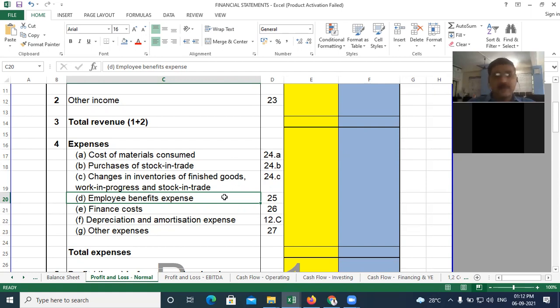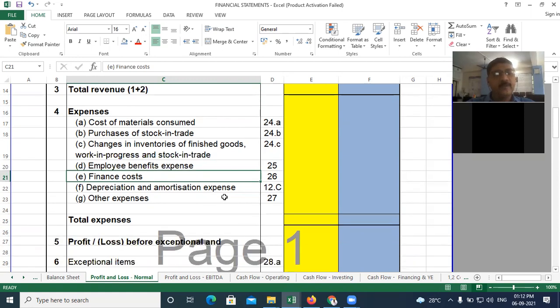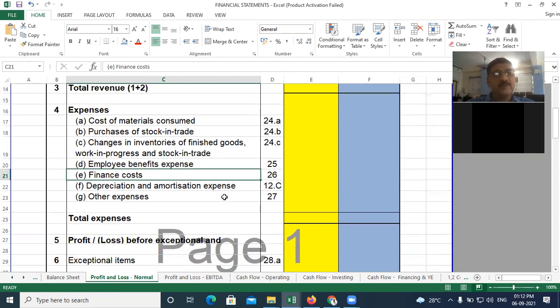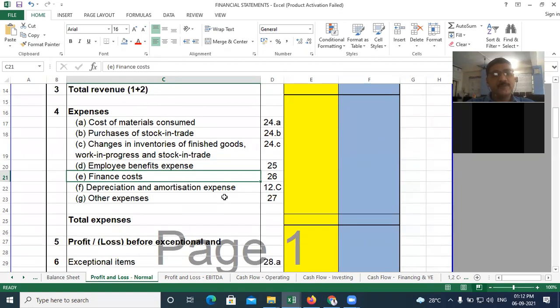Then we have finance cost. What is finance cost? Tarun, any idea what is finance cost? Atul? Yes, students, any idea about finance cost? If you know, say yes. If you don't know, say sorry sir, we don't know, please explain. Yeah, tell me.